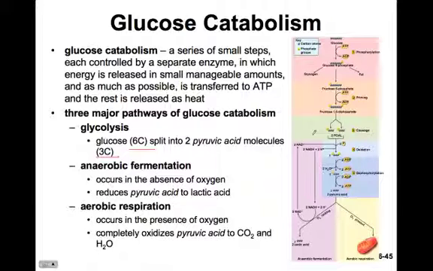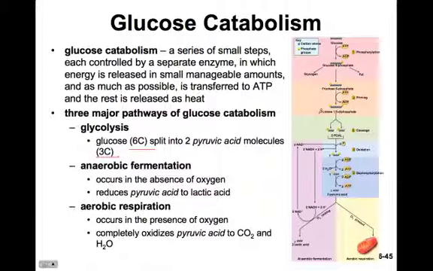The anaerobic fermentation is going to yield no further ATP, but it will recycle these electron carriers, these coenzymes, so that we can continue to fuel the process of glycolysis.